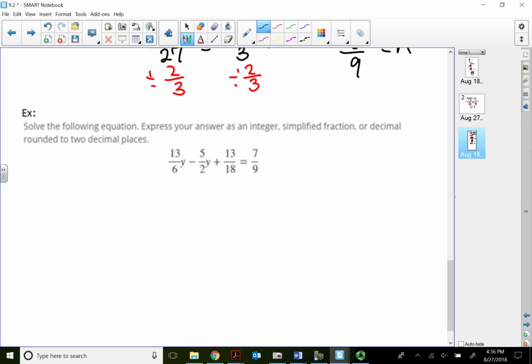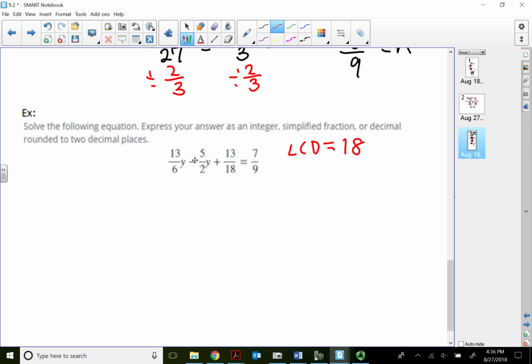So in order to clear the fraction, we have to multiply every term by the LCD. So what do you think the LCD is between 6, 2, 18, and 9? Give me one number 6 can go into, 2 can go into, 18 can go into, 9 can go into. And if you are quick with your multiplication table, you know that answer is 18, which is correct.